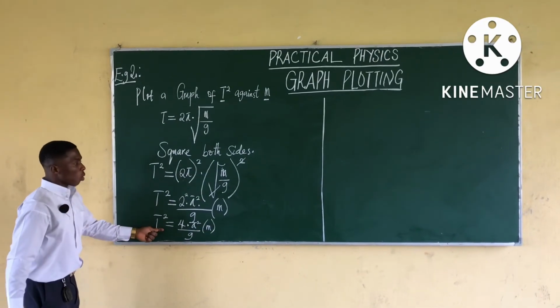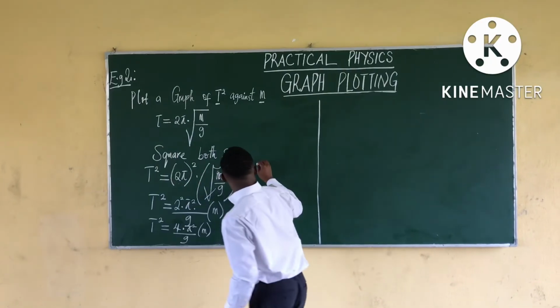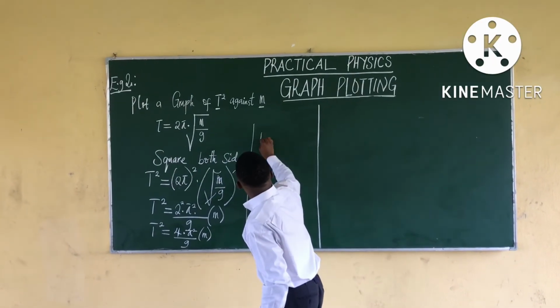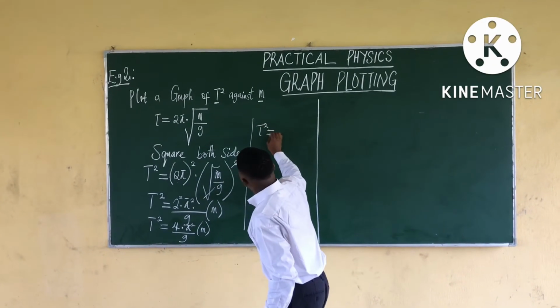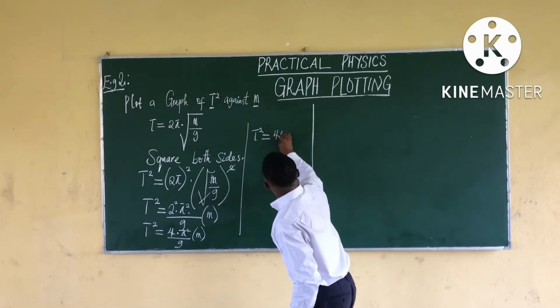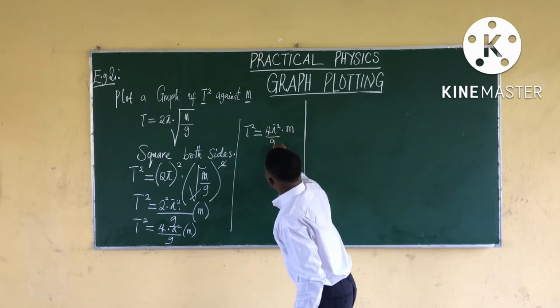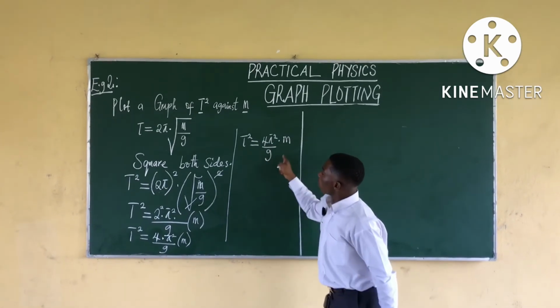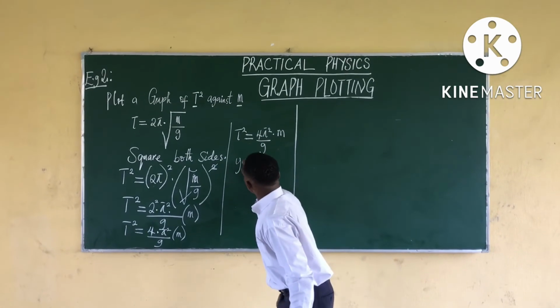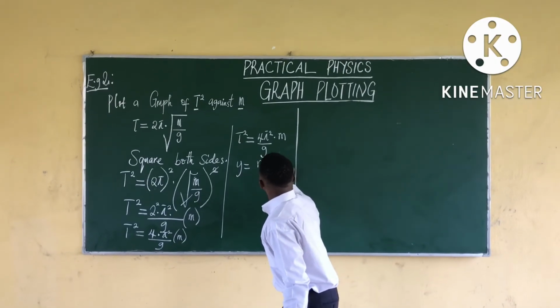If you look at this law, this is looking like T squared is equal to 4 pi squared times m all over g. This is looking like y is equal to mx.